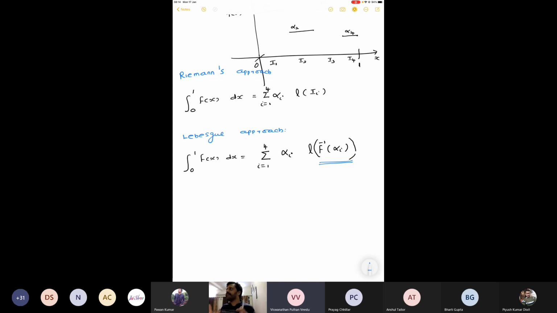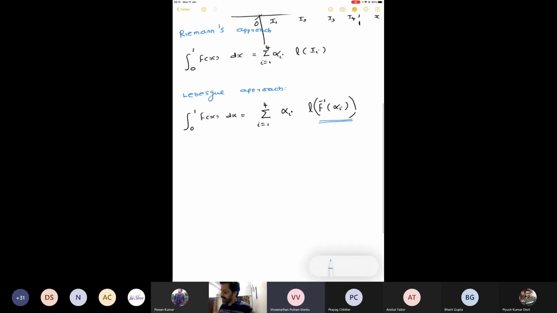So this is what we were talking about for the past 2-3 lectures. Now, how do you define measure? That is the question. There are several ways to define measure, and you have already seen the most abstract version of measure.